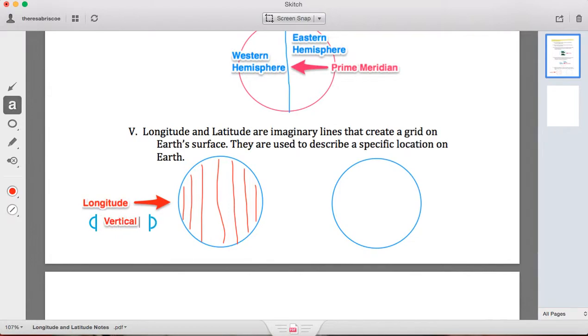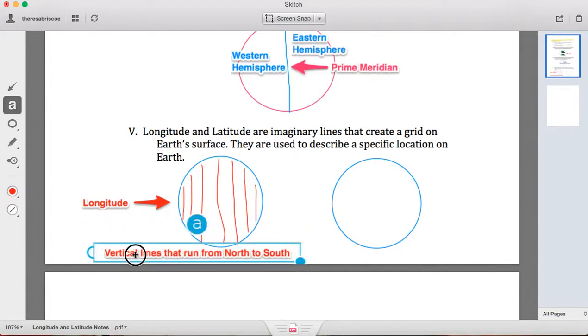They are vertical lines that run from north to south. So that can help you to remember what lines of longitude are.